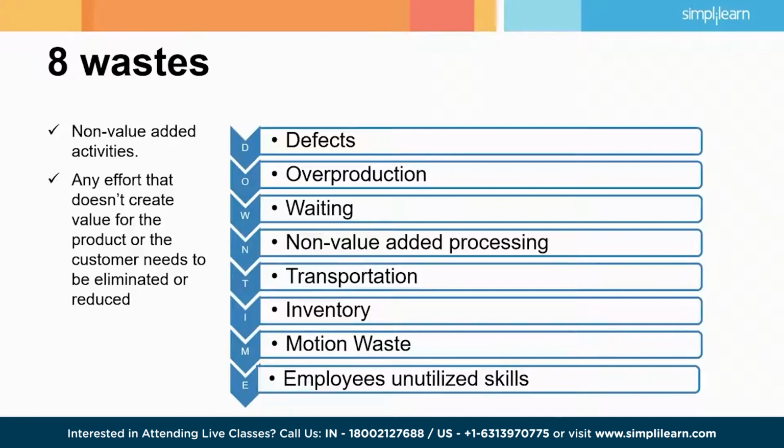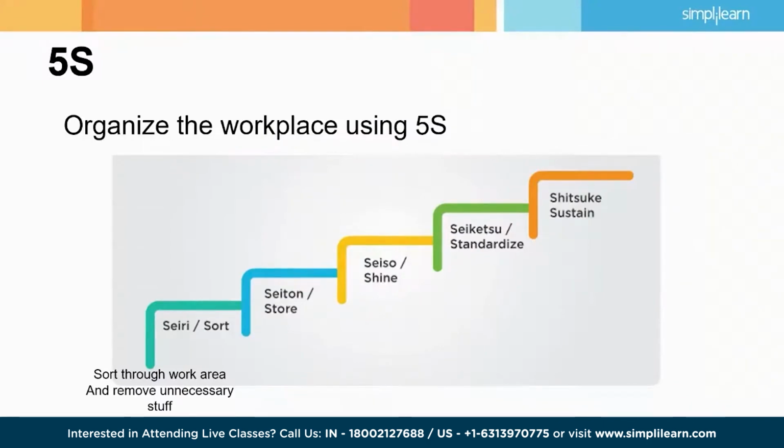Those 8 wastes, with the acronym DOWNTIME, are defects, overproduction, waiting, non-value-added processing, transportation, inventory, motion waste, and employees' unutilized skills. So lean tools will help you eliminate all these 8 wastes.